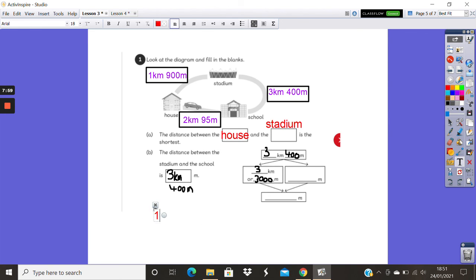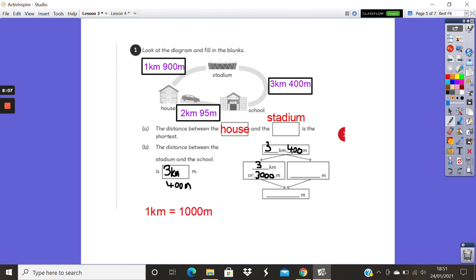So I'll write that again down here: 1 kilometre equals 1,000 metres. And then here we put our remaining metres. So we've got 400 metres. And then we convert the measurement into metres. So we've got 3,400 metres. Okay.